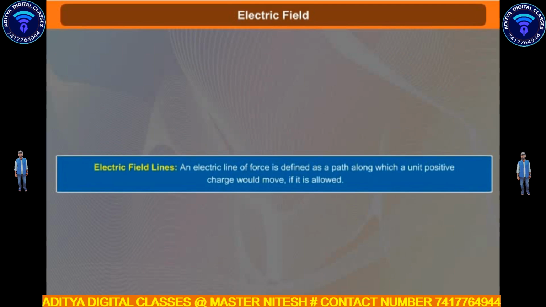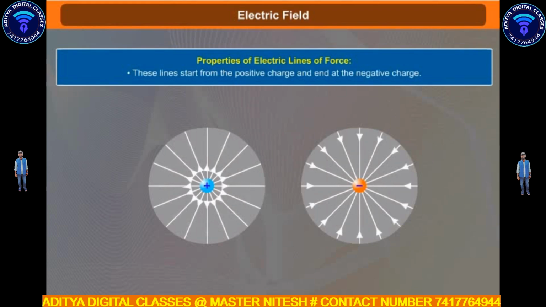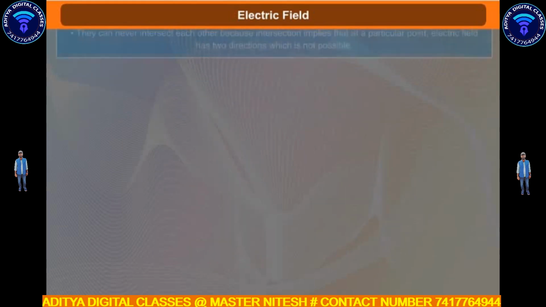Electric field lines. An electric line of force is defined as a path along which a unit positive charge would move if it is allowed. Properties of electric lines of force. These lines start from the positive charge and end at the negative charge.